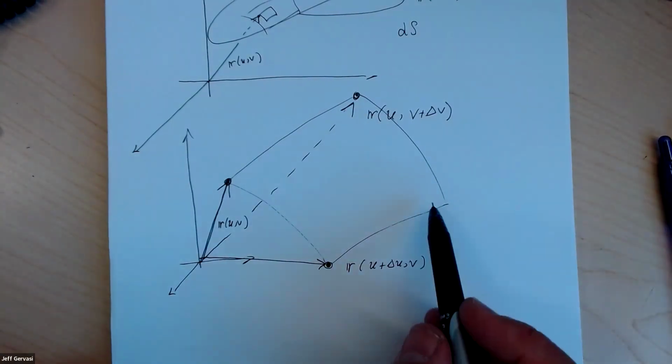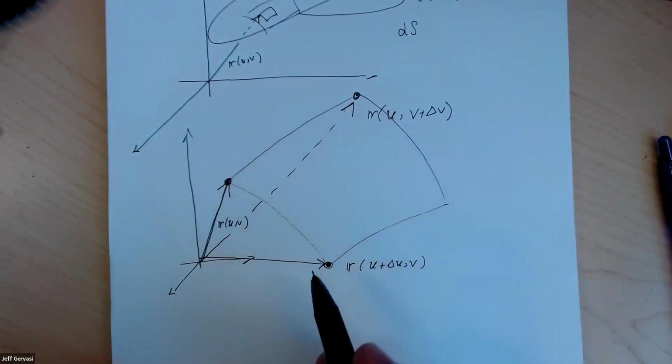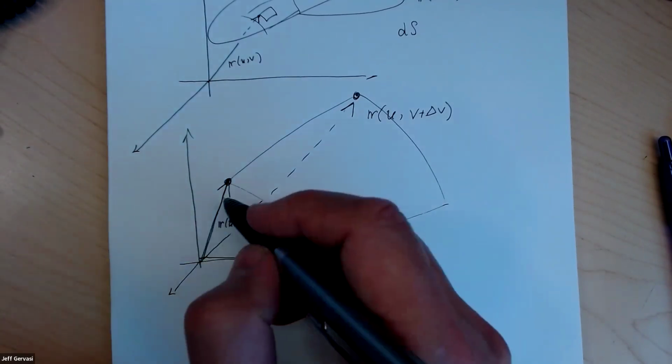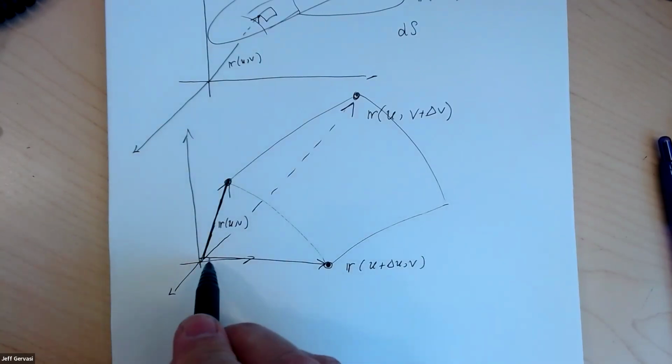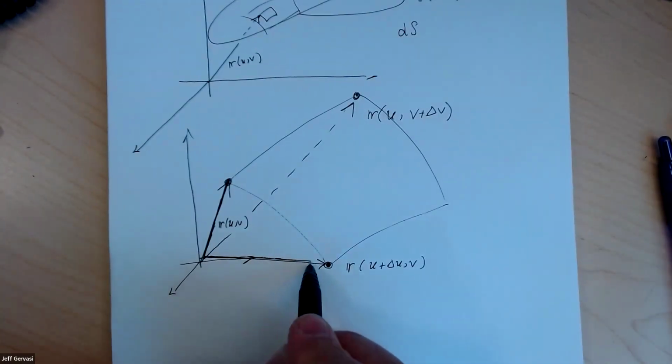I don't need this corner over here, so I'm just going to do those three. Let me make these vectors just a little heavier in type, so you can see them a little bit better.